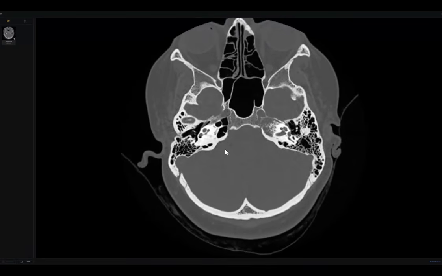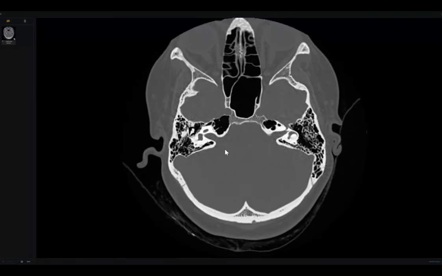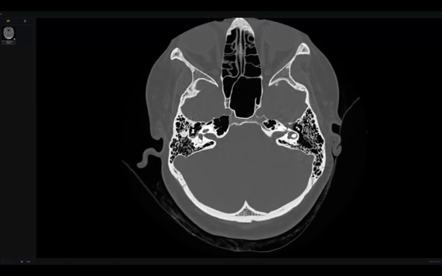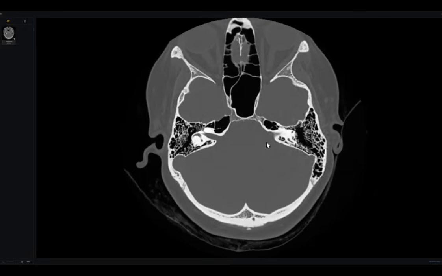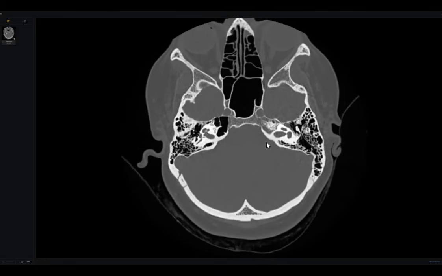So we must examine both internal auditory canals for any asymmetry. I think both of them are symmetric. Okay, but we must follow the rest of the facial nerve, which most of us didn't do. Look here along the medial wall of the middle ear.